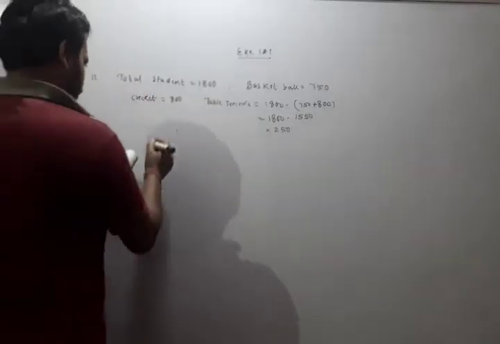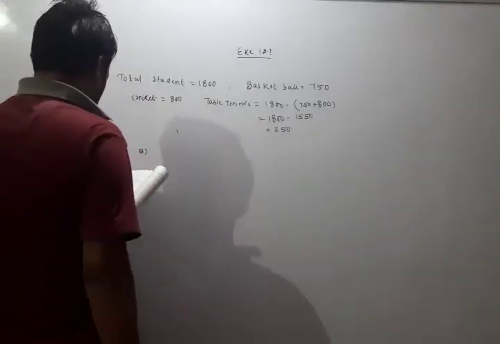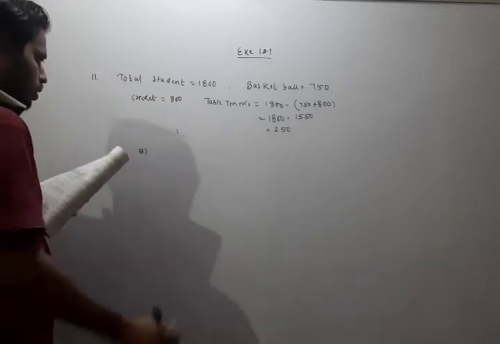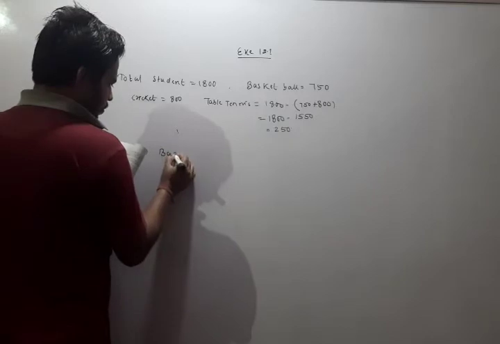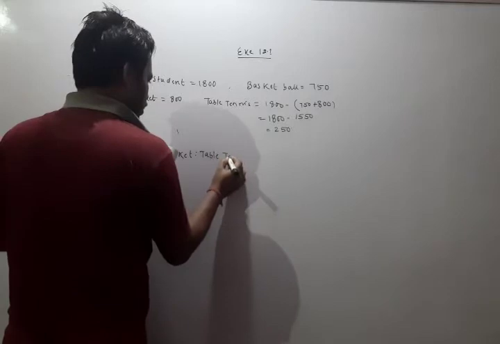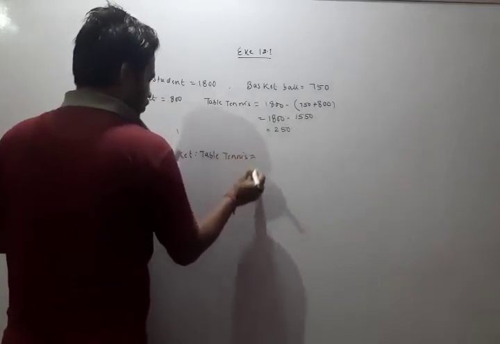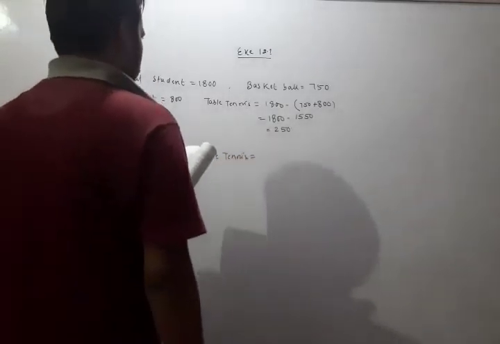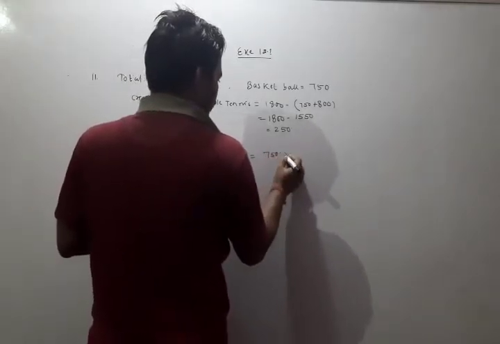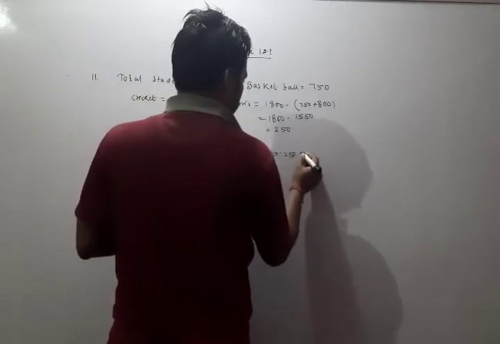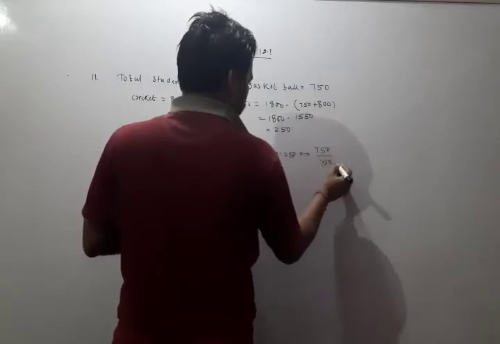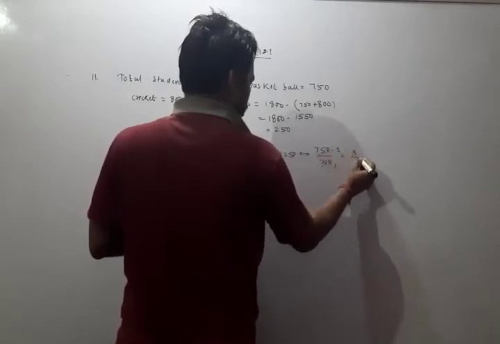Now question number A. You see, number of students who opted basketball to the number of students who opted table tennis. Basketball to table tennis will be equals to basketball is 750, table tennis 250. 750 upon 250, that is 3 upon 1.